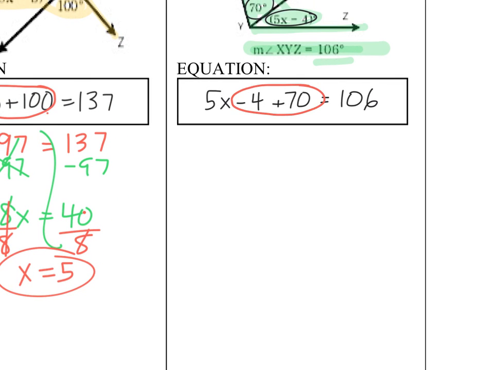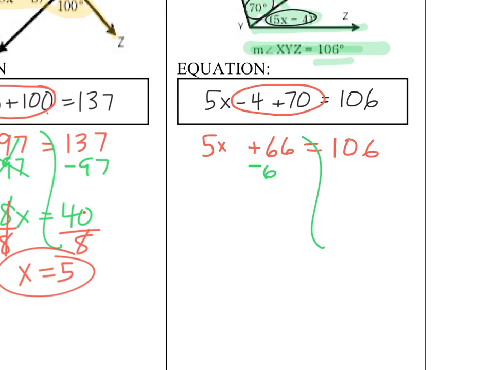Combine those two. That will give me a 66. Because 70 minus 4 is 66. Positive 66. 5x equals 106.